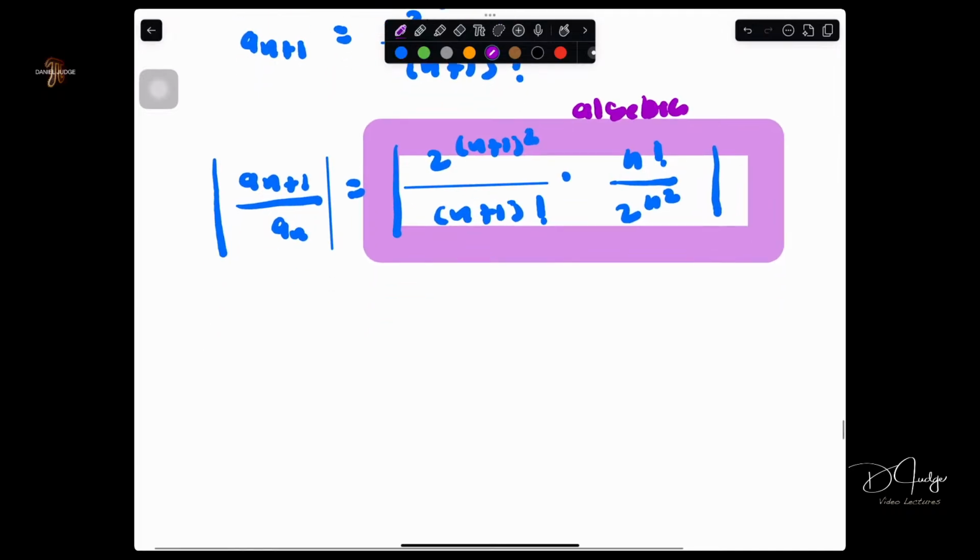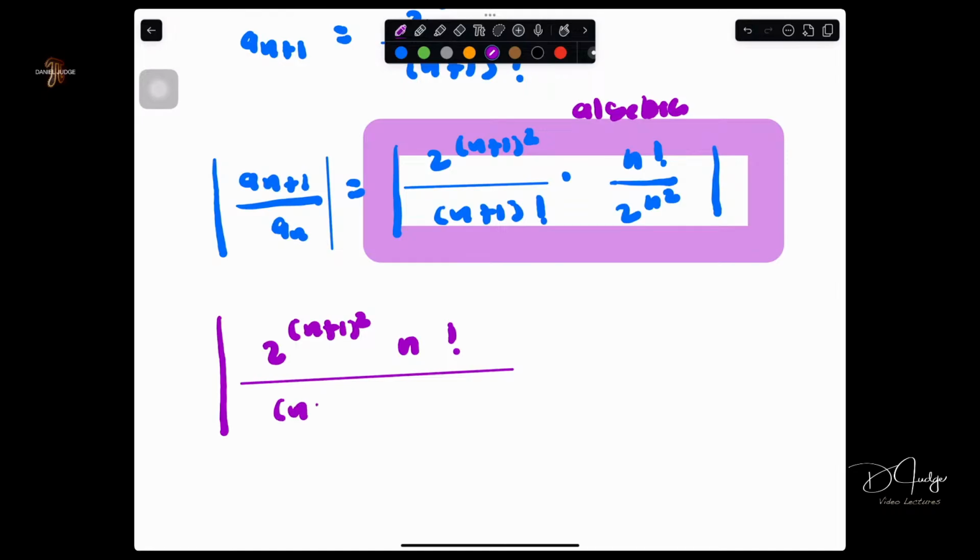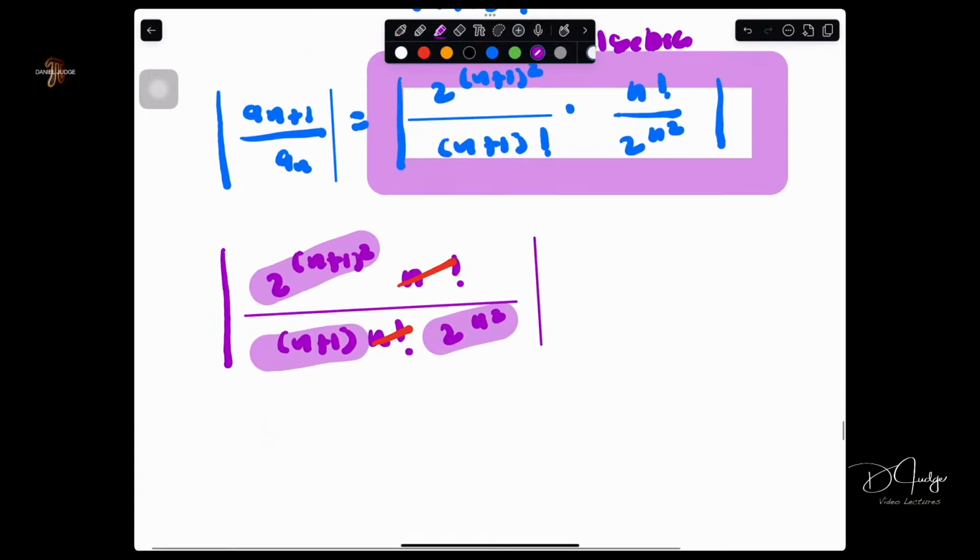All right, the algebra now is 2 raised to the (n plus 1) squared power times n factorial over (n plus 1) times n factorial, then that's 2 to the n squared power here. So it looks like all we can do for now is get rid of the factorials. And then everything in the absolute value sign is positive.